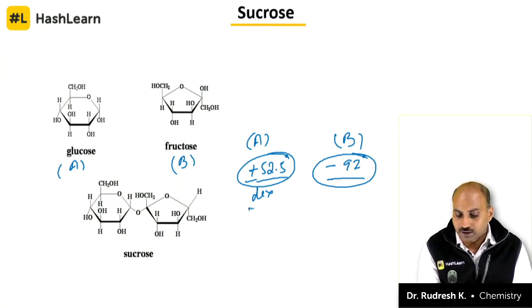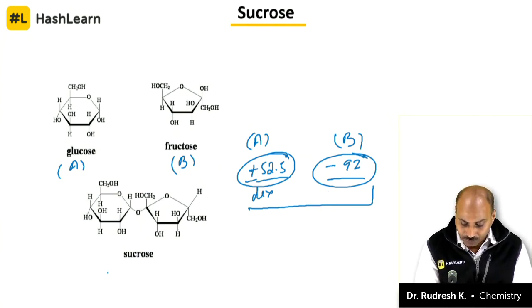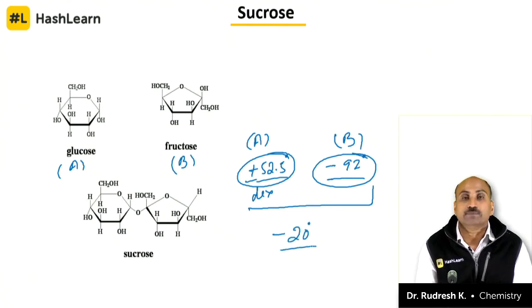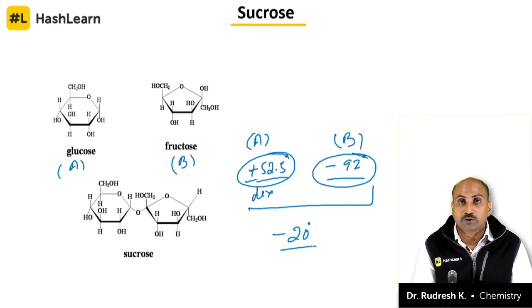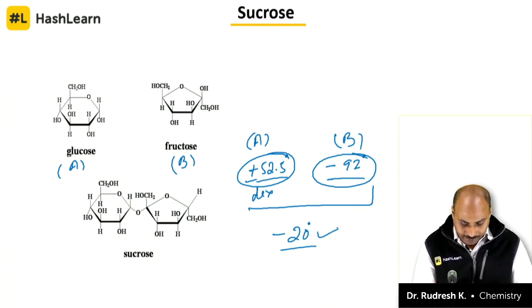So the invert sugar, this sucrose, after reaching equilibrium, finally lands up with an optical rotation of minus 20 degrees. Thereby, after inversion of sugar, it exhibits levorotatory nature.